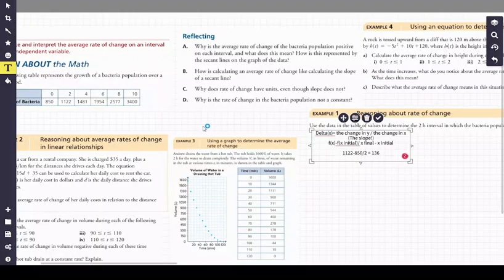Then for our second interval, we'll have 1481 minus 1122, which gives us 359. Keep in mind there's a bracket here, so everything is over 2. This is exactly 179.5.